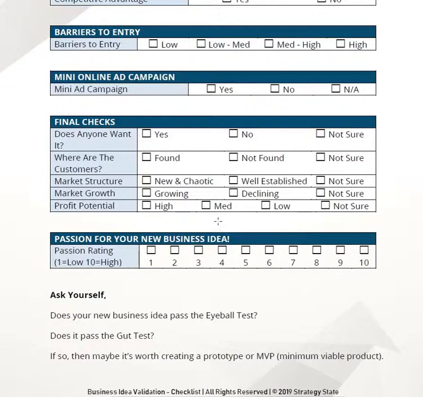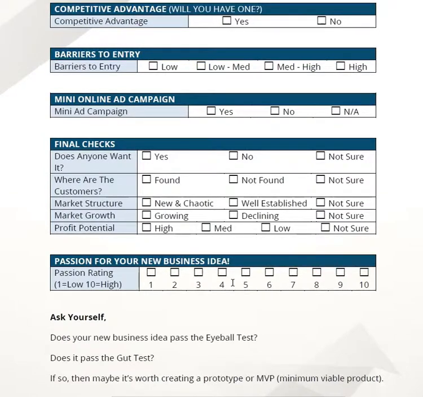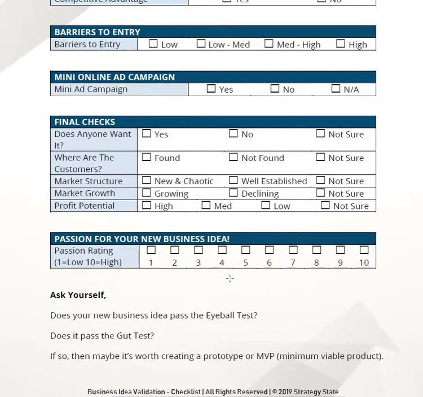You'll have a lot more information than what you did hopefully before you started, but your passion might have been around here before you tested or validated your idea, and maybe it's waned a bit, or maybe your passion for the idea has gone up even higher because you're confident that you can make a real success of it. So we hope that helps in terms of testing your business idea before you pull the trigger.